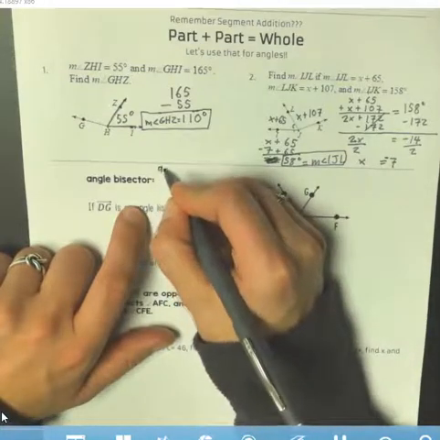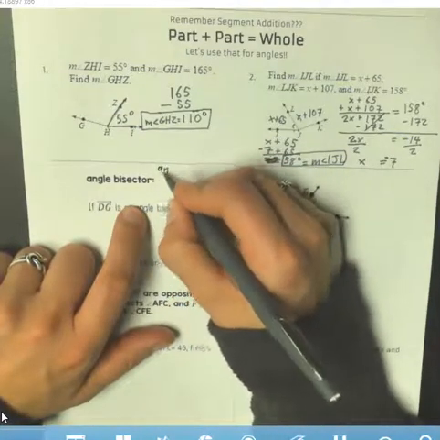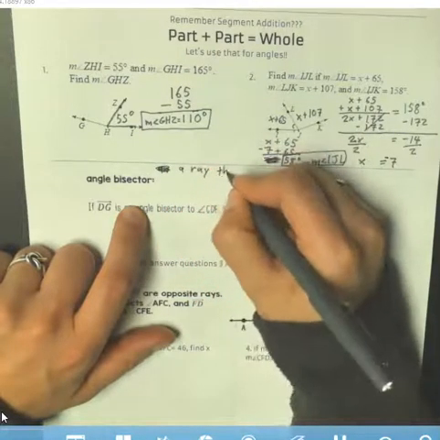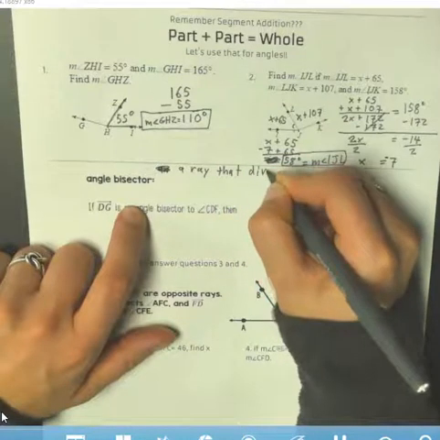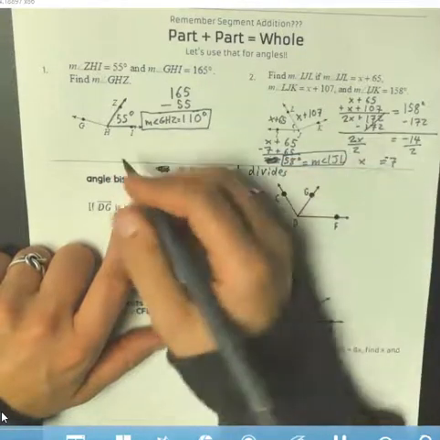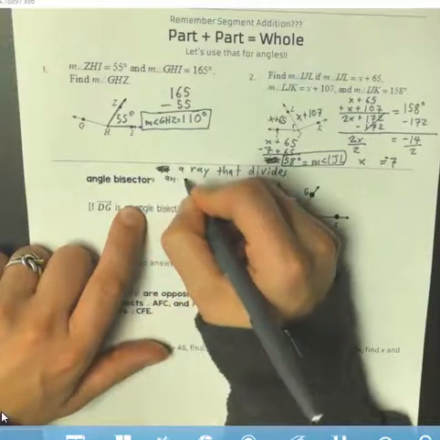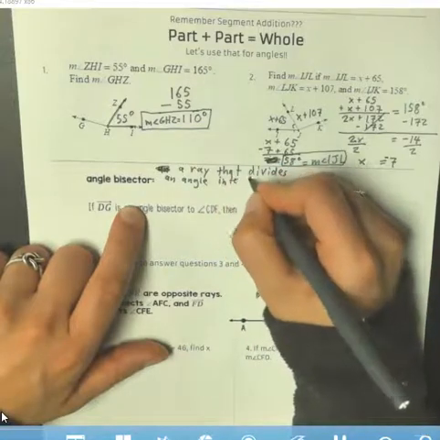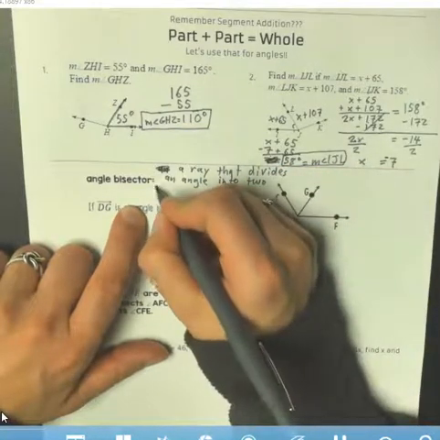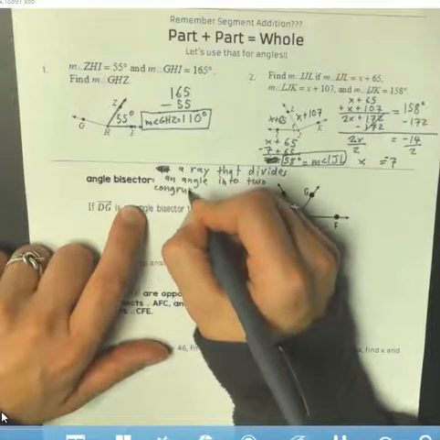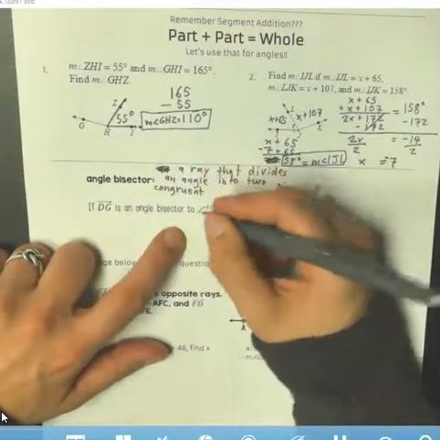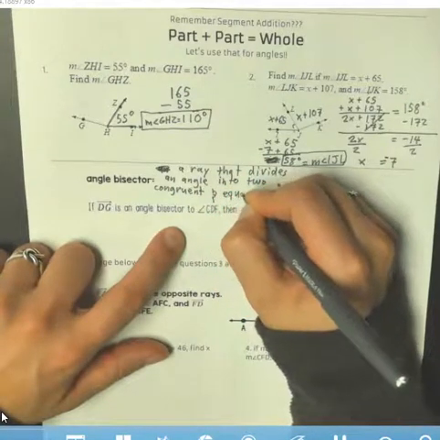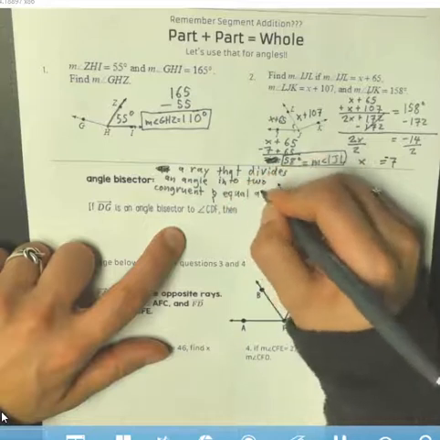So, a ray that divides an angle into two congruent angles.